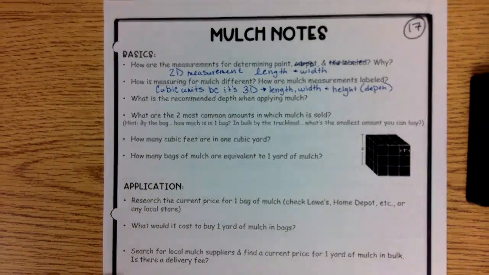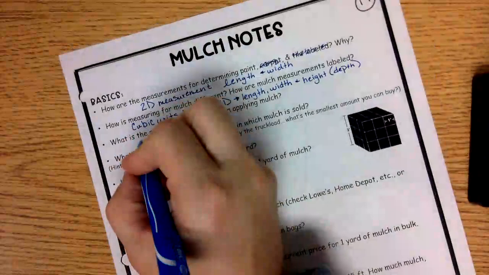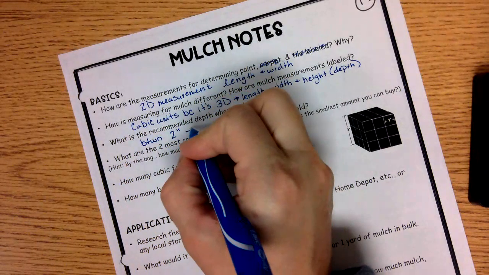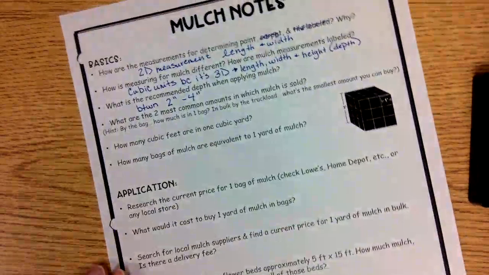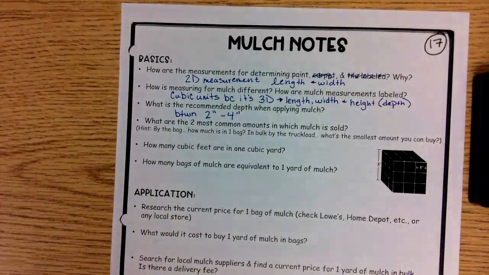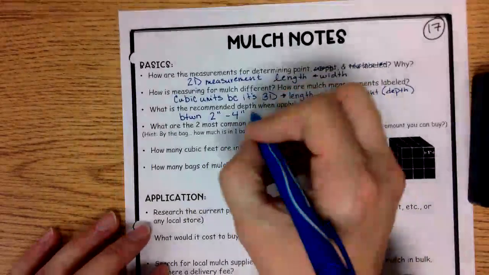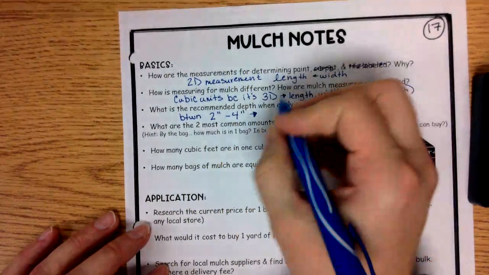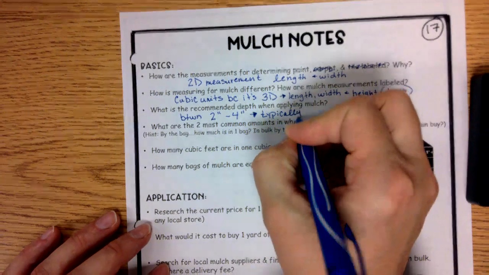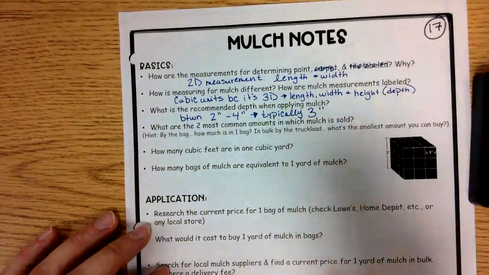All right, Google should give you between 2 inches and 4 inches. For your DIY project, typically what people use is 3 inches.